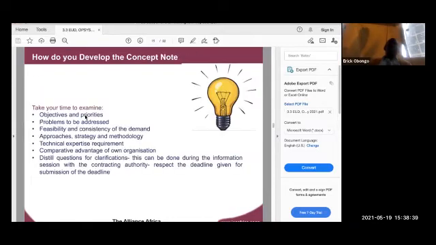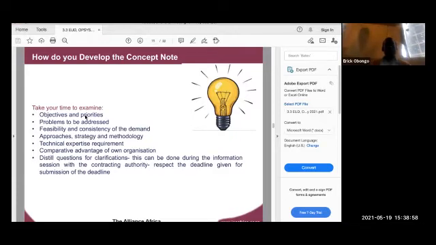Over and above that, you need now to start developing your concept notes, whereby after you've understood the objectives and the priorities, you go to the issue of unpacking the problem that you're going to tackle.